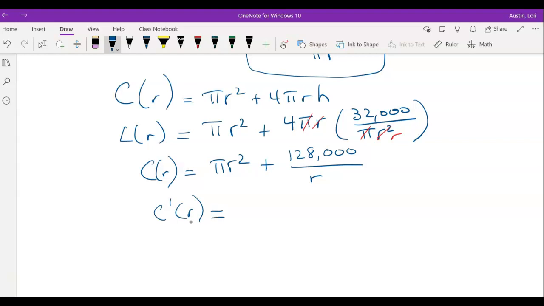Remember, pi is not a variable. Pi is just a number. It's a crazy irrational number, but it's just a number. So what is the derivative of pi r squared? 2 pi r.